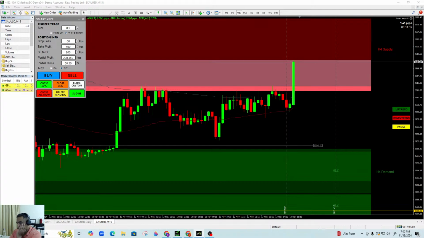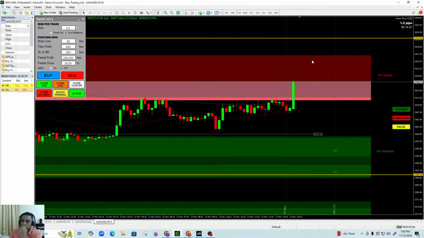So no liquidity grab, we're heading straight up. So now wait for a pullback. If you get a pullback, wait for a pullback to head to 2633. Wait for the pullback.